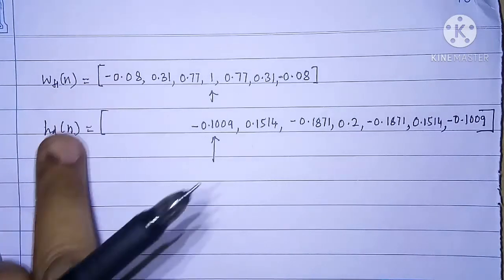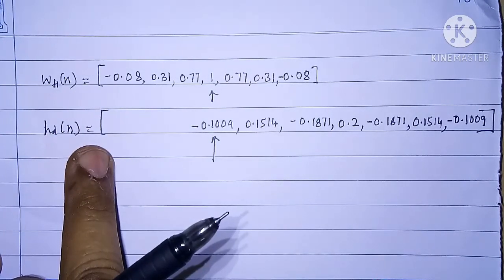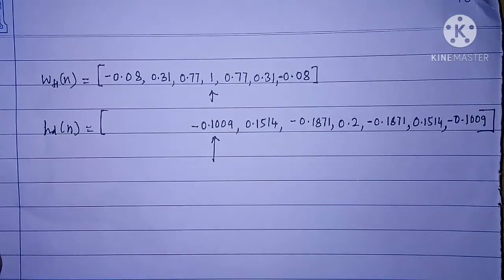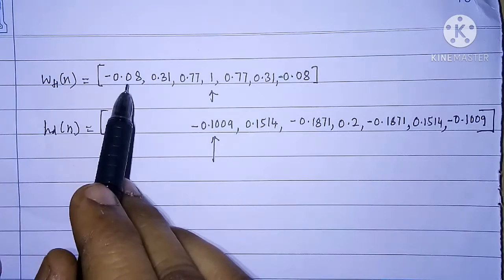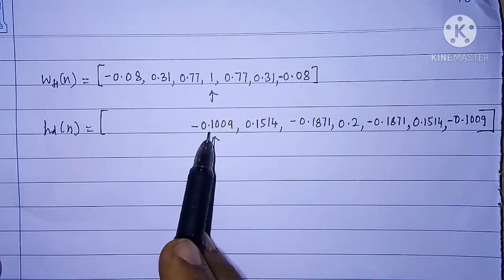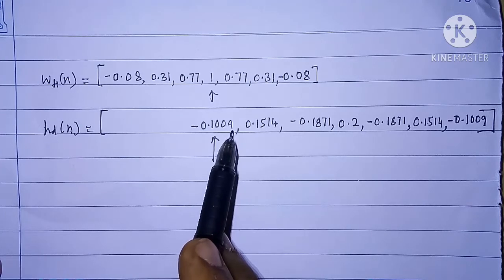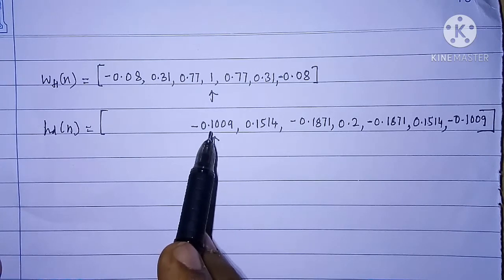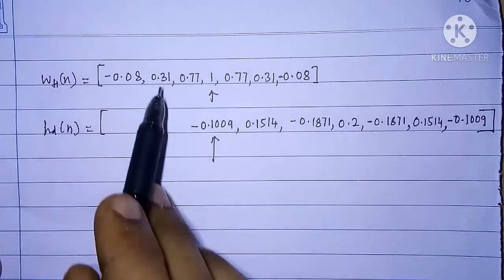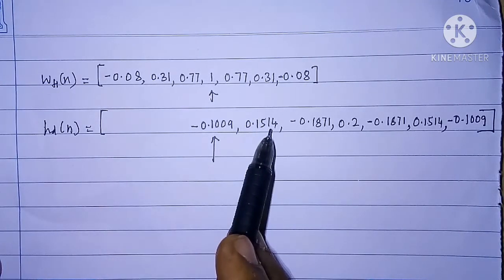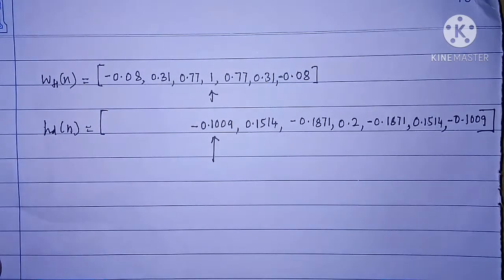Before we multiply WH of n and HD of n, we will write these two sequences in such a way that minus 0.08 and minus 0.1009 are one below the other. 0.31 and 0.1514 are one below the other, and so on.